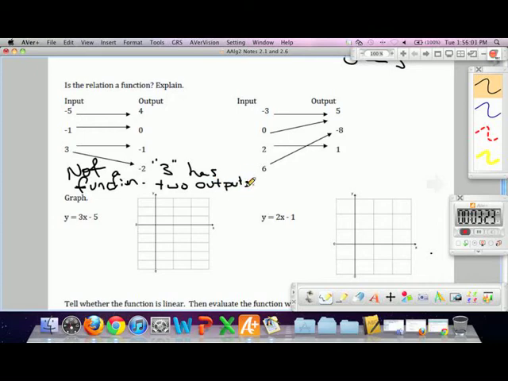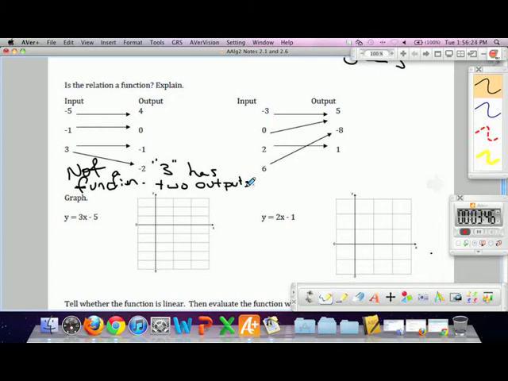Is our second relationship a function? Yes. Why? Because it doesn't matter. Wait. Does it matter? What's the definition of a function? Each input has exactly 1 output. Does each input have exactly 1 output? Yes, it does.